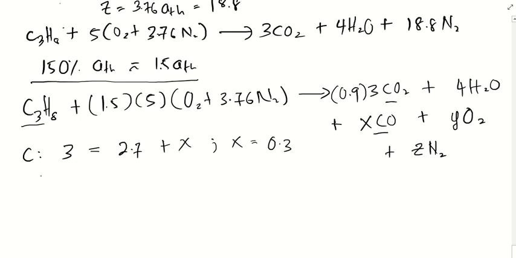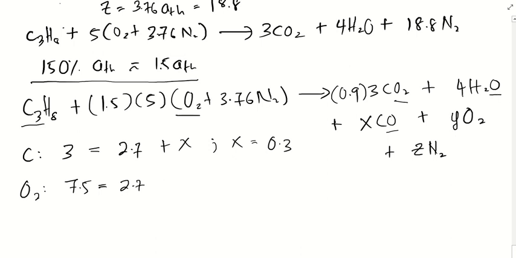Next we go for oxygen. I'm using O2. So here we have O2, 1.5 multiplied with 5 is 7.5, right? And we have O2 as well here, so 2.7. Sorry, we start with this one.